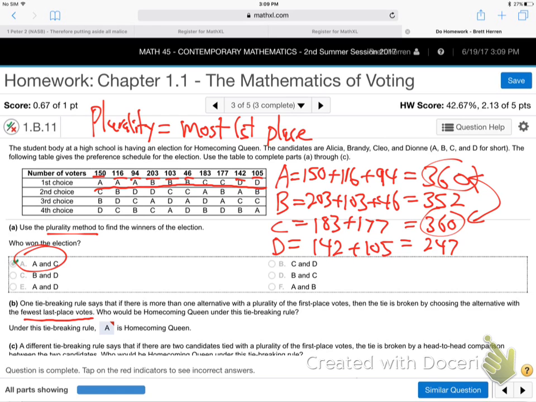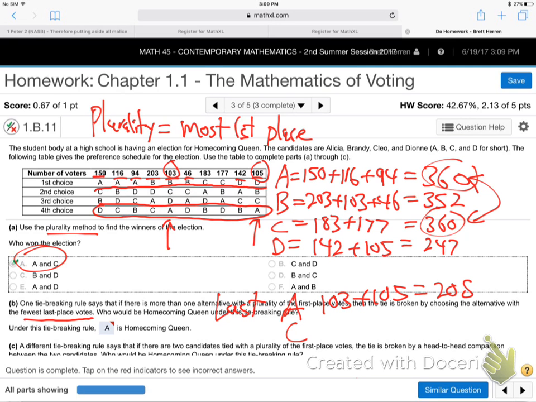So it's A or C, right? A or C. So how many last does A have, and how many last does C have? Now I'm just looking at last, huh? How many put A last? These 103. These 105. 103 and 105.